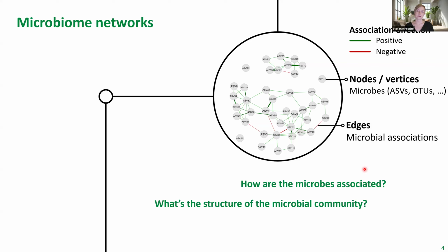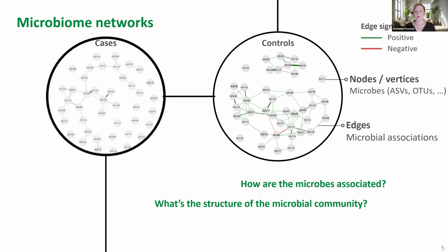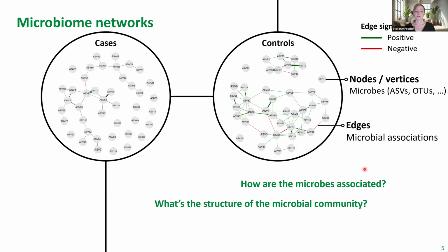These single microbial networks give you an answer to questions like how are certain microbes associated, or what's the structure of the microbial community or of certain subcommunities. But researchers might also be interested in different groups. Let's say you have two groups in your data set, like cases or controls, or different environmental states.